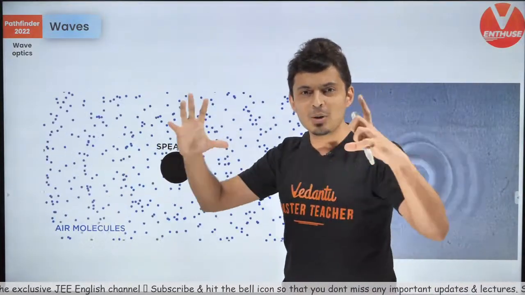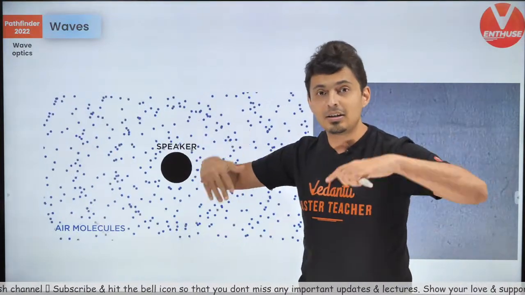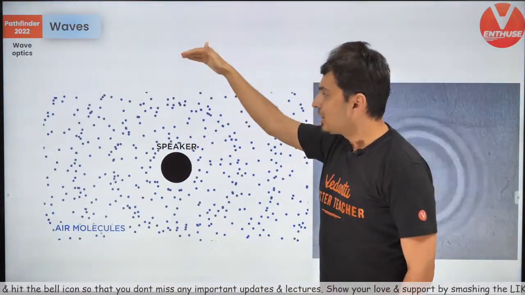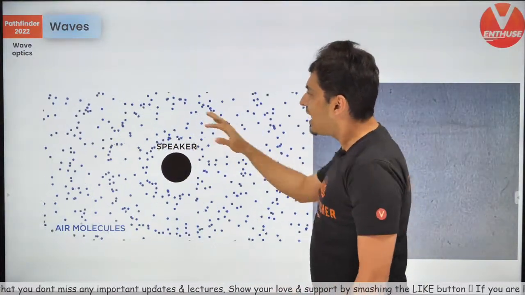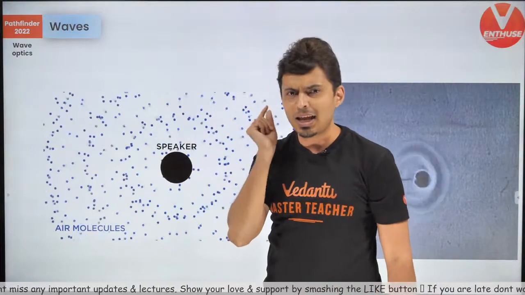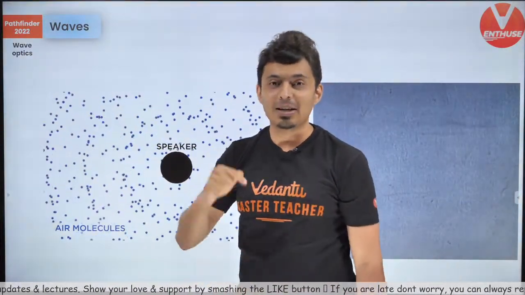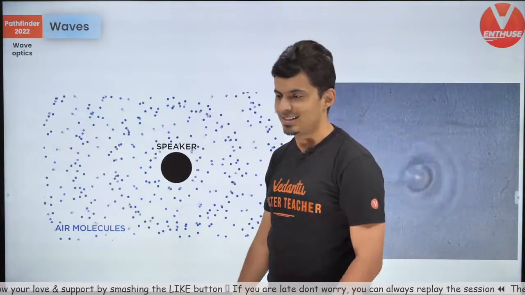Once those molecules oscillate or vibrate, they in turn affect the molecules beside them, and the disturbance gets propagated in all directions. When the molecules in the air vibrate, your eardrum vibrates, and you get the sensation of sound. I hope that makes sense.